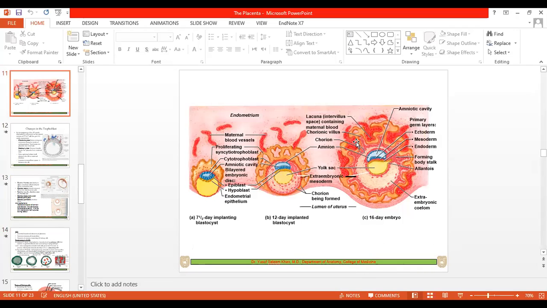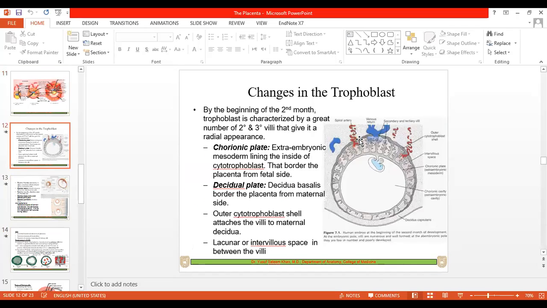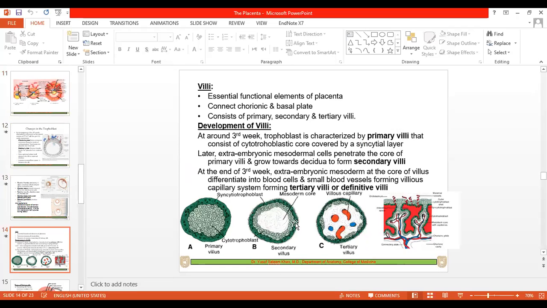So now there are three layers: syncytiotrophoblasts outside, then cytotrophoblast, and inside is the extra embryonic mesoderm. If you take a section at this level, these finger-like projections now have three layers: outer syncytiotrophoblasts, then cytotrophoblast, and here is the extra embryonic mesoderm.